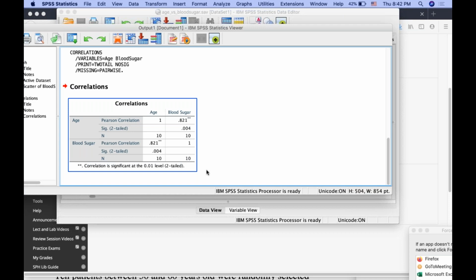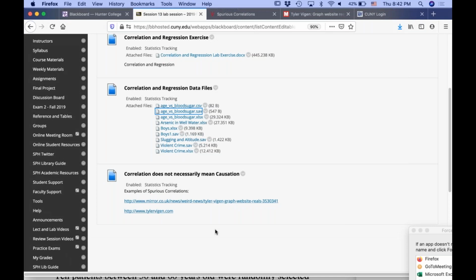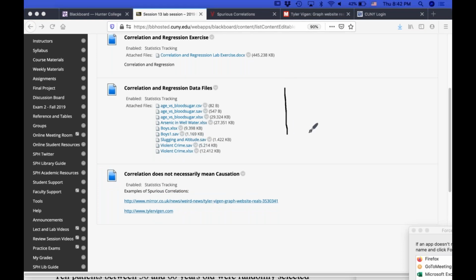Okay, so if I were to say, here are two variables, this is A and this is B. I'm not even going to bother to tell you what they are.